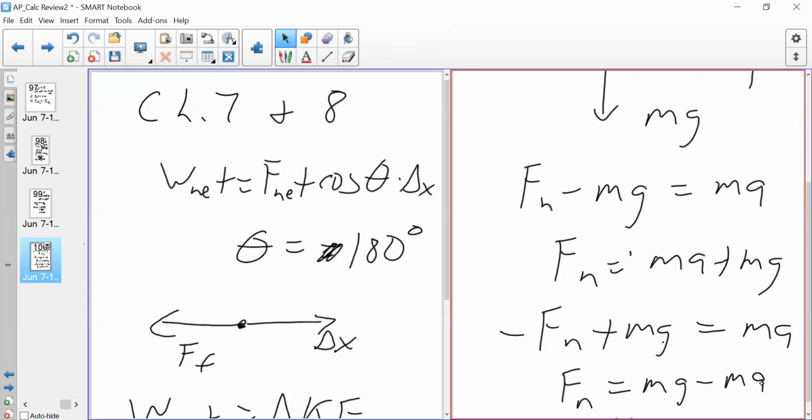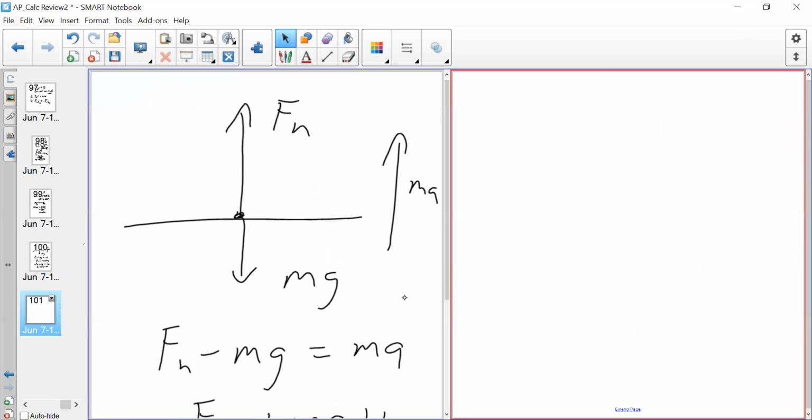Or do you have another question regarding that? Okay. So yeah, the key idea with any forces problem, you want to always diagram the forces acting on each object in the system.